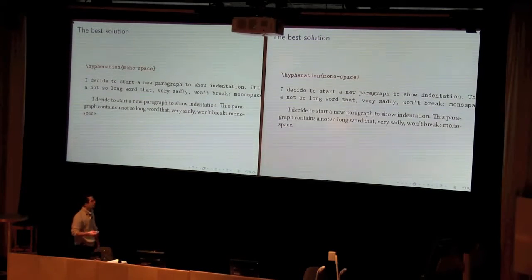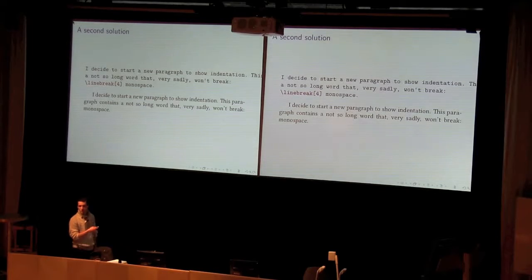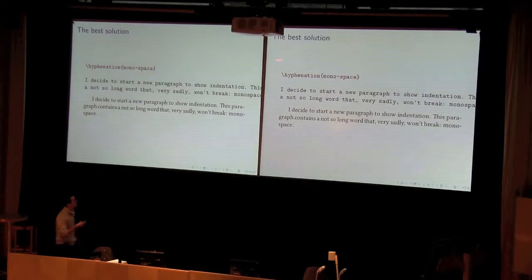So we have a better way. In fact, monospace could be broken between mono and space. Just LaTeX didn't know. So we just have to tell it, okay, now this is how you will hyphenate monospace. So we have a command which is called hyphenation, and which accepts a list of words separated by spaces.